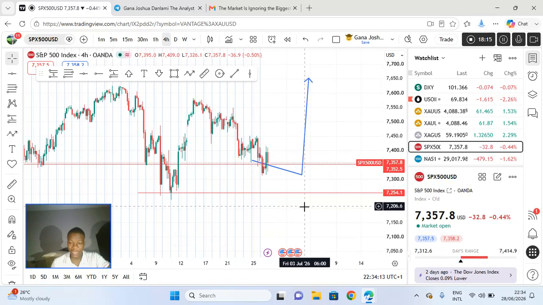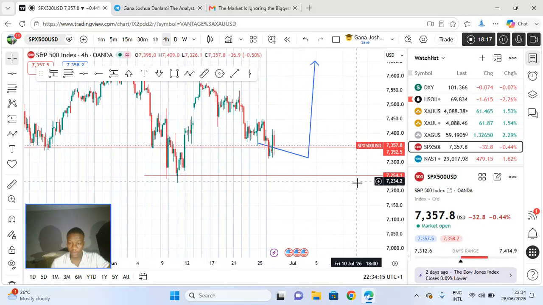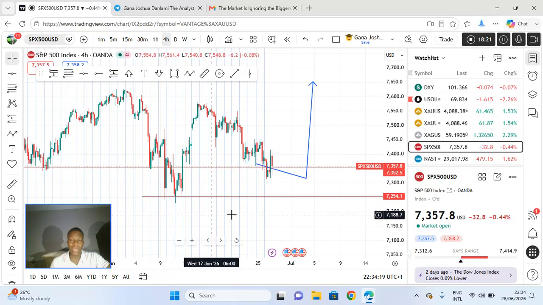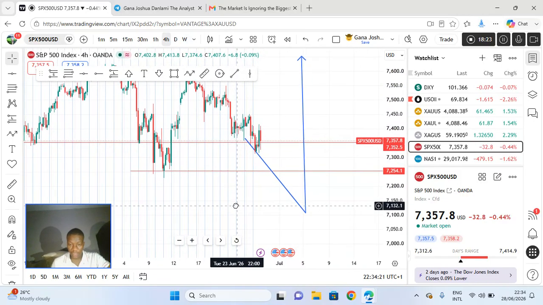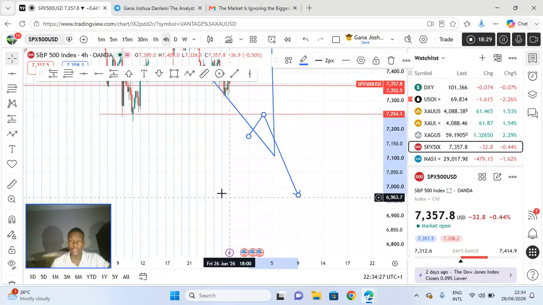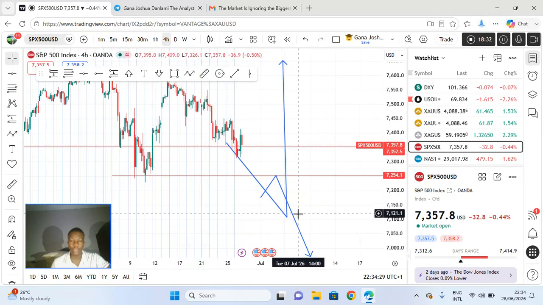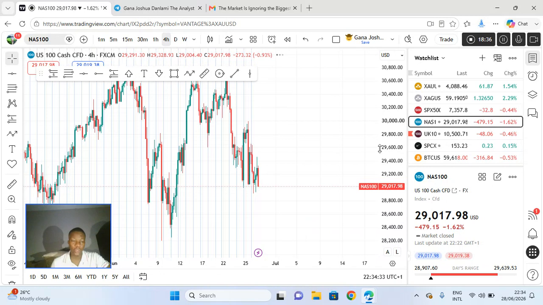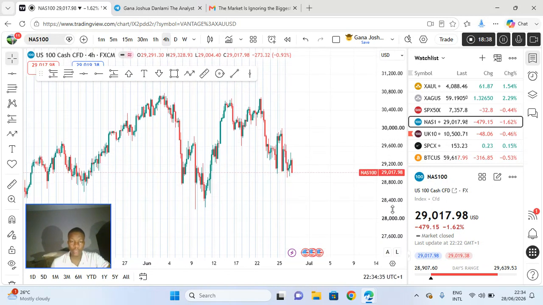Invalidation of our buy idea is when price breaks below 7,250. That's where our buy idea gets invalidated, and then we start looking for sell opportunities from 7,200 on the S&P, and it also moves in similar fashion with Nasdaq.